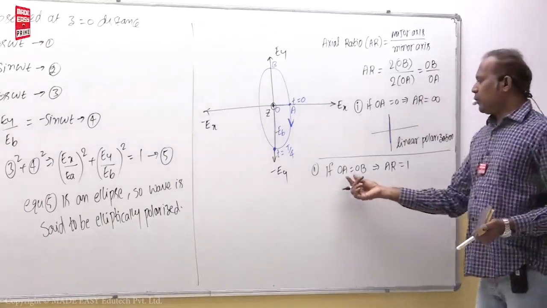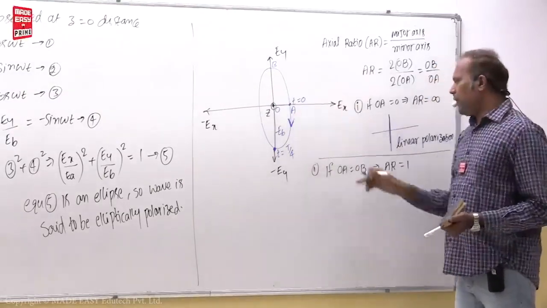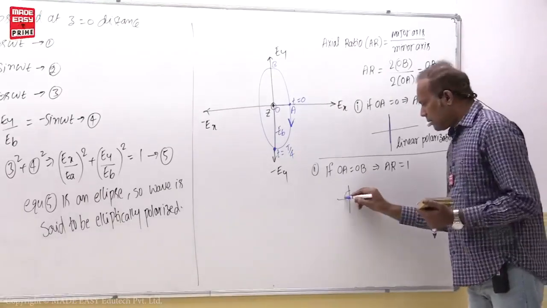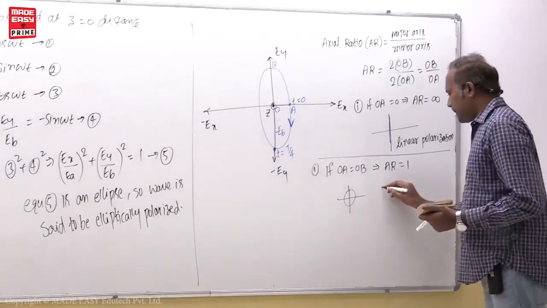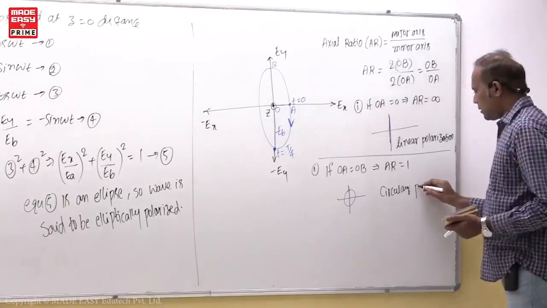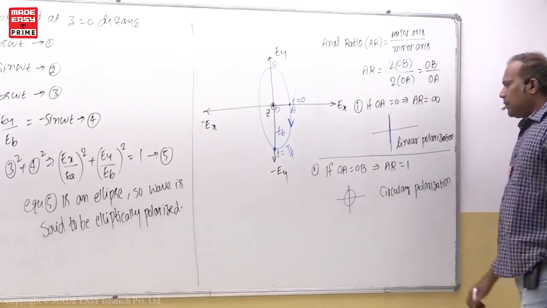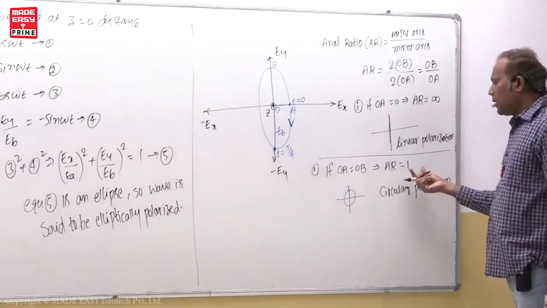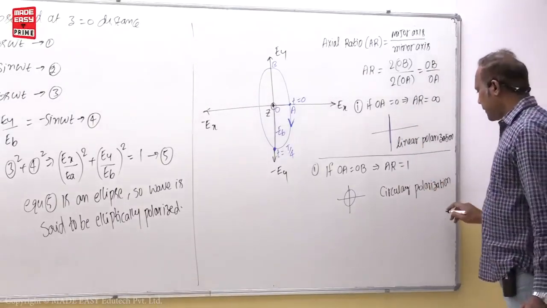Dear students, OA and OB are equal, the shape will be a circle shape, so it is circular polarization. That means if axial ratio is infinity, that is linear polarization. If axial ratio is 1, in case of ellipse, that is circular polarization.